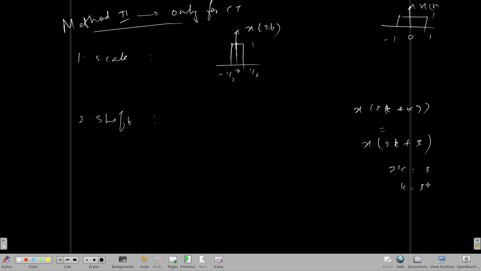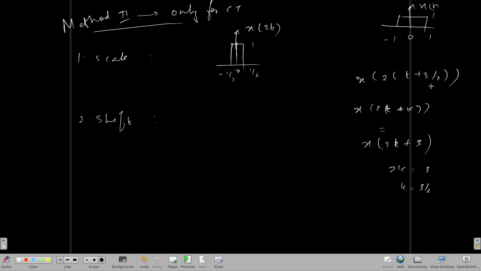Therefore k should be 3 by 2. So this is a little bit tricky, in the sense you have to adjust for this scaling factor when you are giving the shift, if you are following this method, and that is why you cannot use this in discrete domain, because fractional shift will be there. Okay, so what you have to do, you have to consider x of 2 of t plus 3 by 2. That is what you have to do.